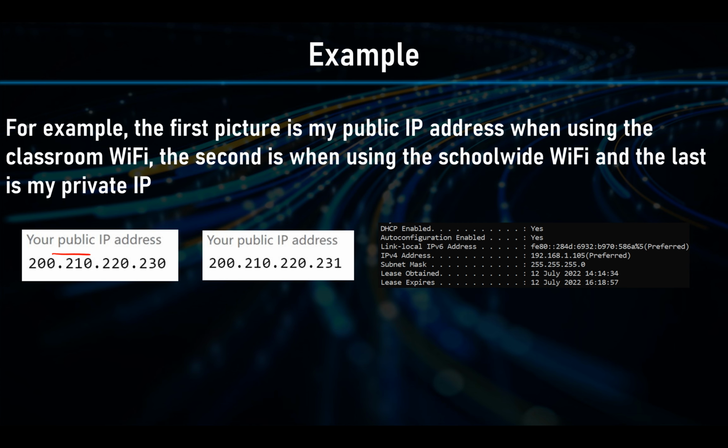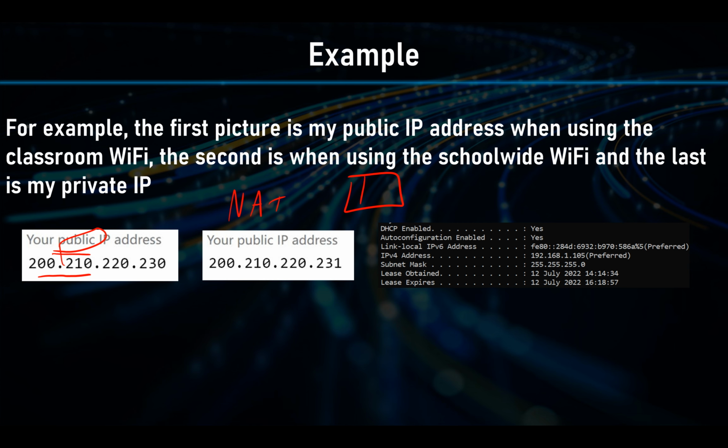Because if we're thinking about NAT, if you remember what happens to the packets: we have the header, the payload, the trailer. In the header we have the source and destination IP address, and that source IP address was getting changed from our private IP address to the router's public IP address. Now, I've just faked this again for privacy reasons.